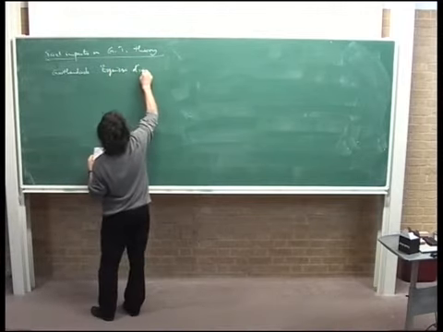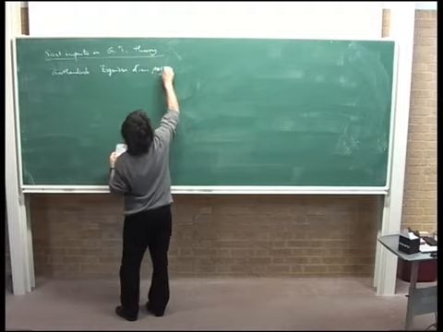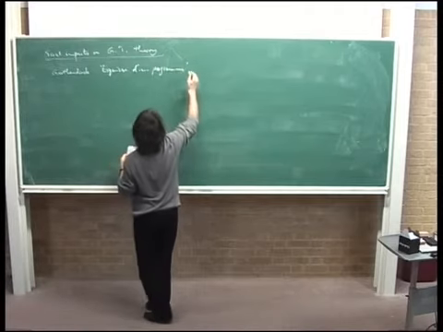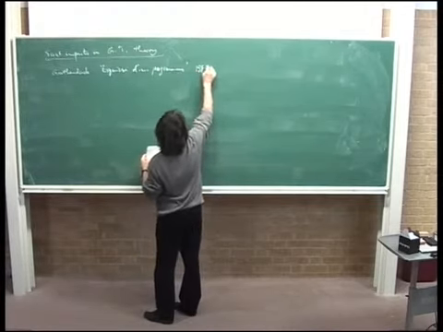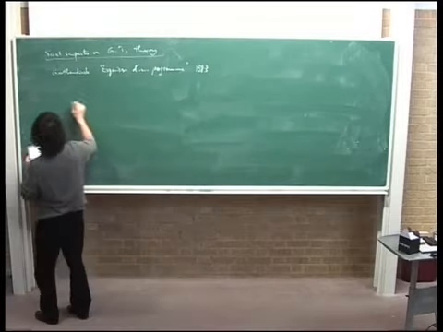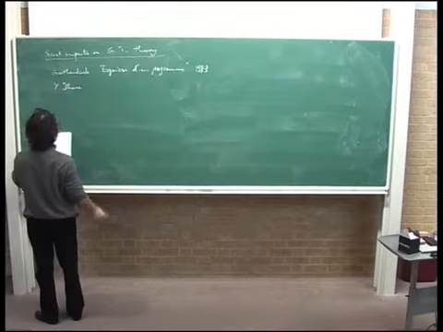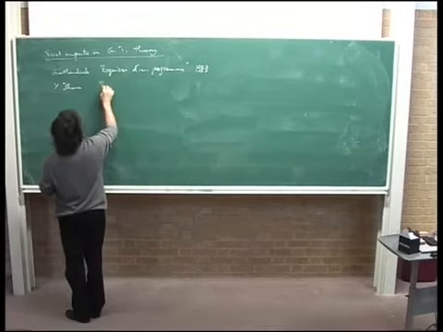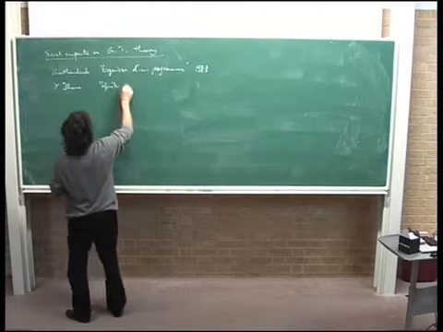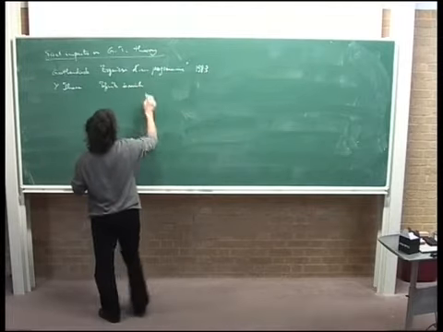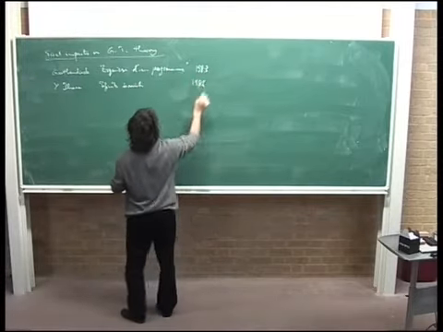I won't give the precise references. The point is to comment on these references. 1983, then you have Y. Ihara. I can't remember the title. It's basically profinite braids and something, so it's Annals 1986.